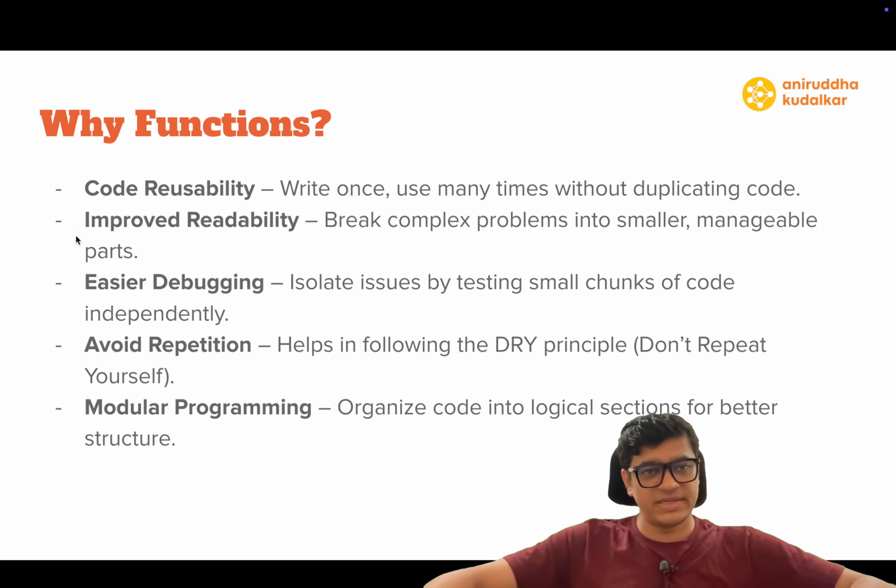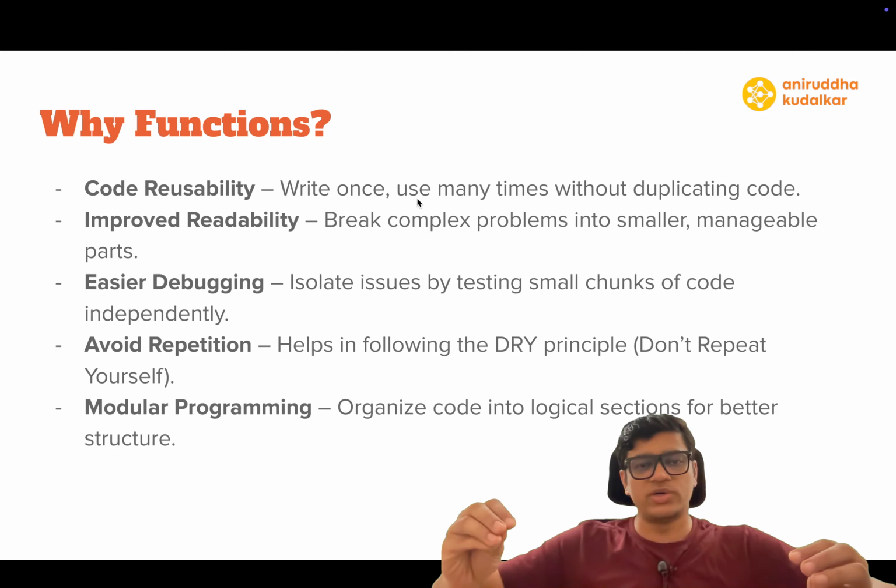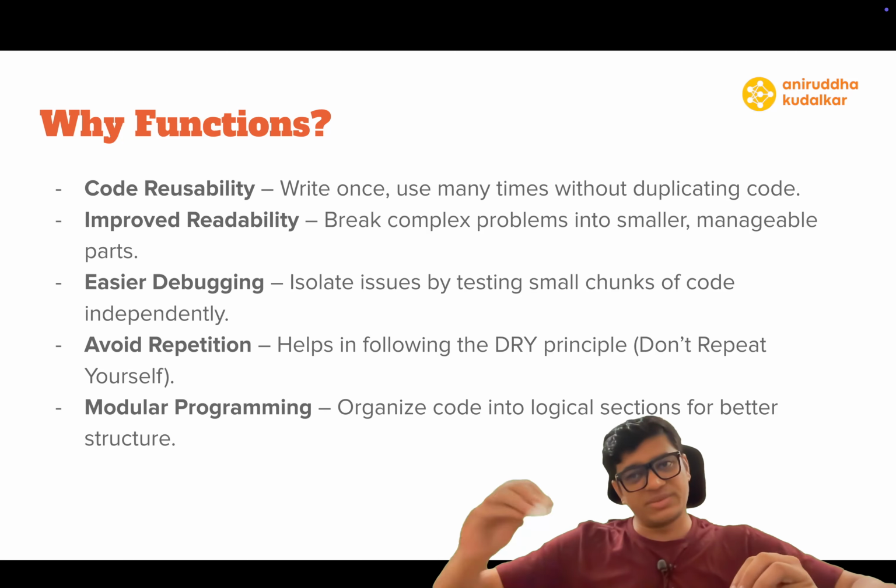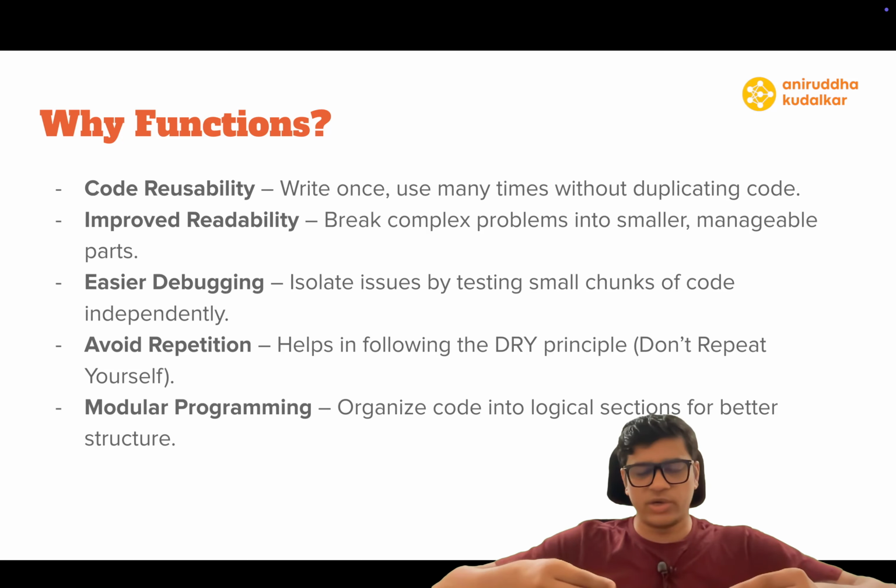Code reusability, improved readability, easier debugging, avoid repetition, and modular programming. I told you these things, right? So code reusability: write once and use multiple times. You can write code a single time and use it many times, right? We will see how in our code.